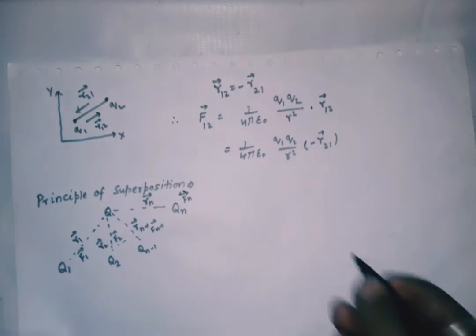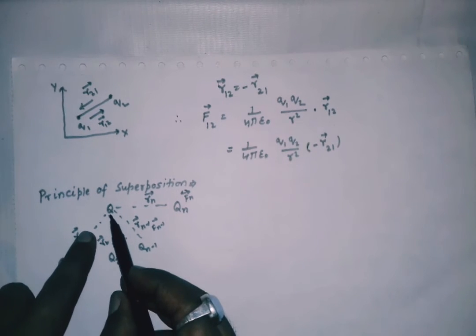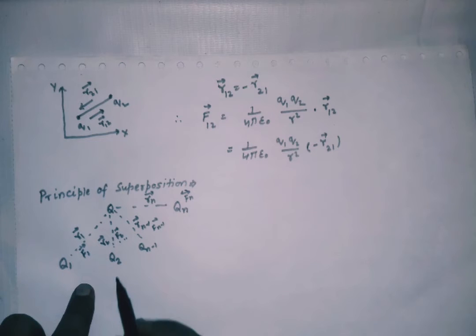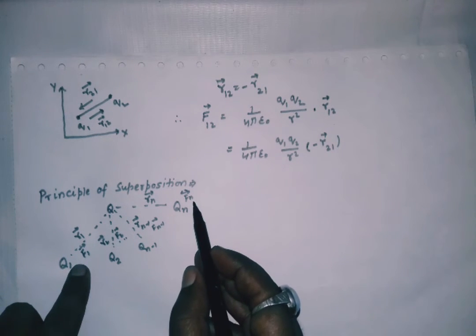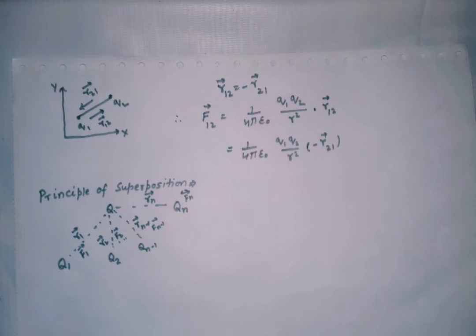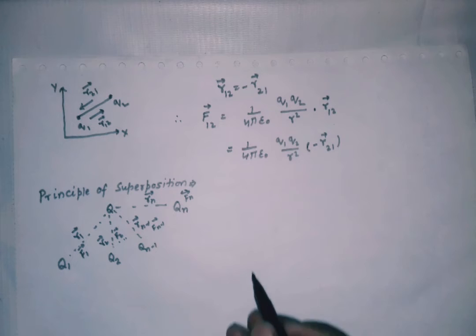These are the forces. So according to the principle of superposition, the net force on this q will be equal to f1 plus f2 plus fn minus 1 plus fn, the vector sum of all the individual forces.